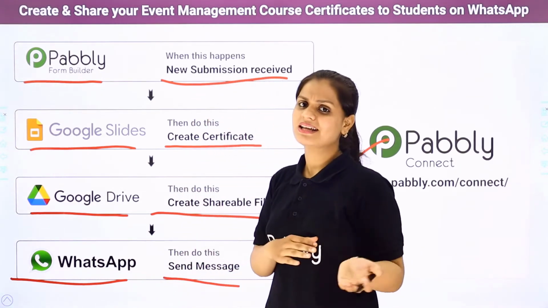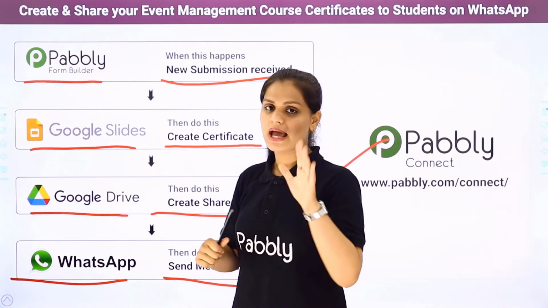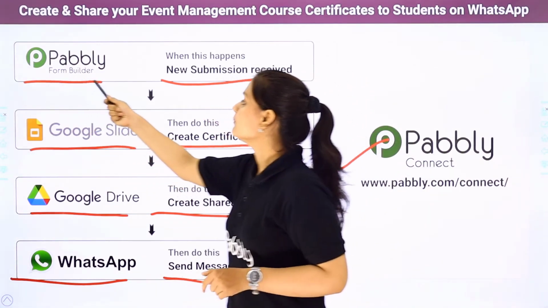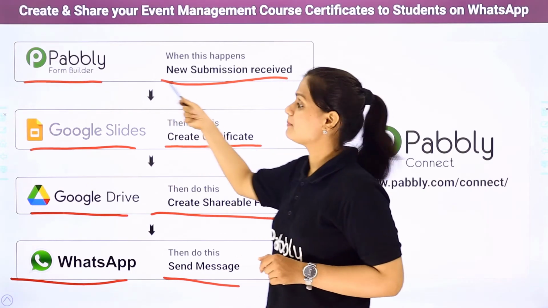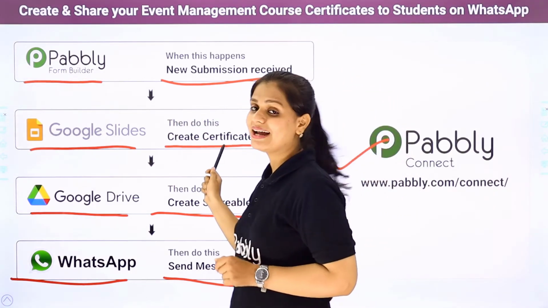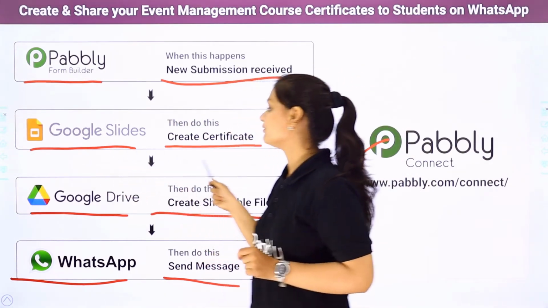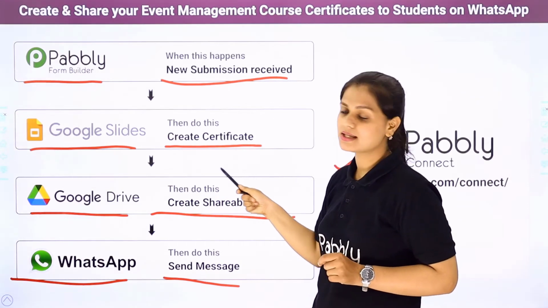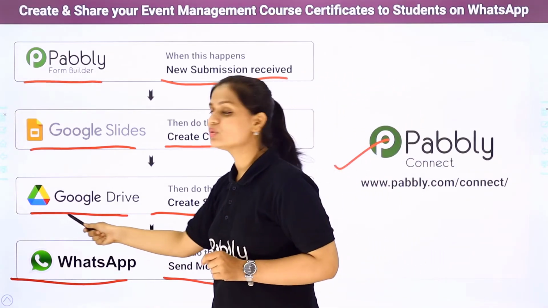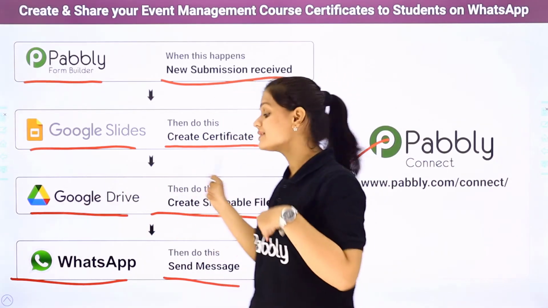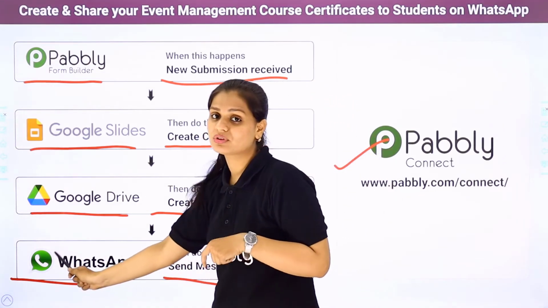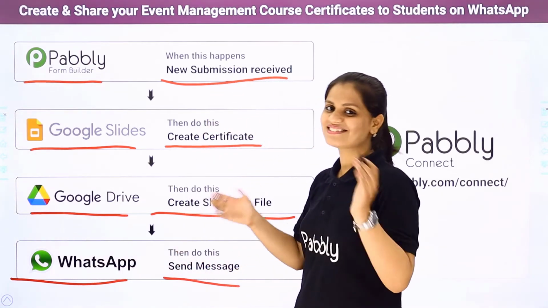Let me explain again what is going to happen. With the help of Pabbly Connect, every time I receive a submission, the certificate will be created automatically in Google Slides with those details. Then it is going to be saved into Google Drive automatically. Then that certificate will be sent on WhatsApp to that candidate automatically. Isn't it wonderful?